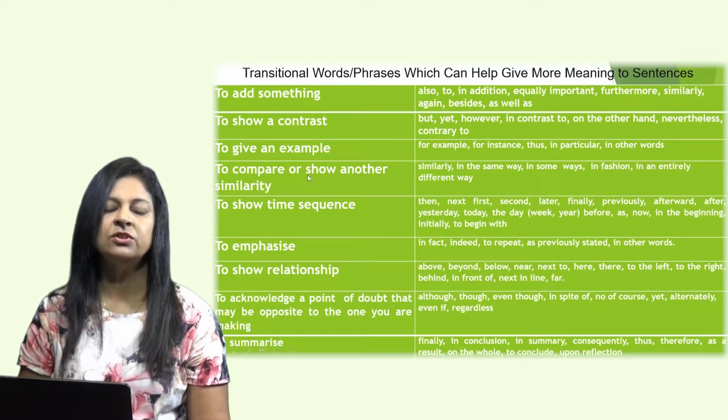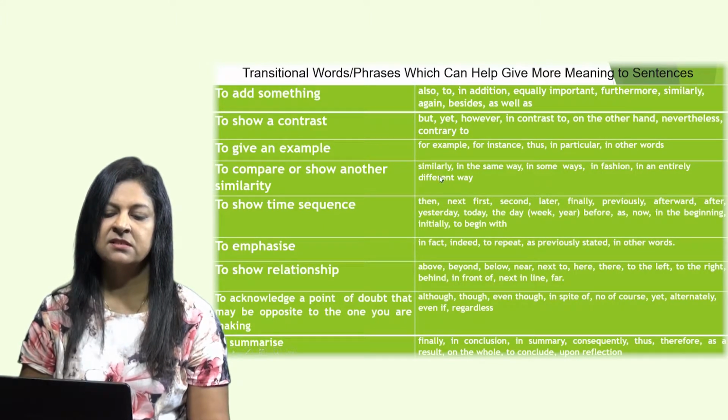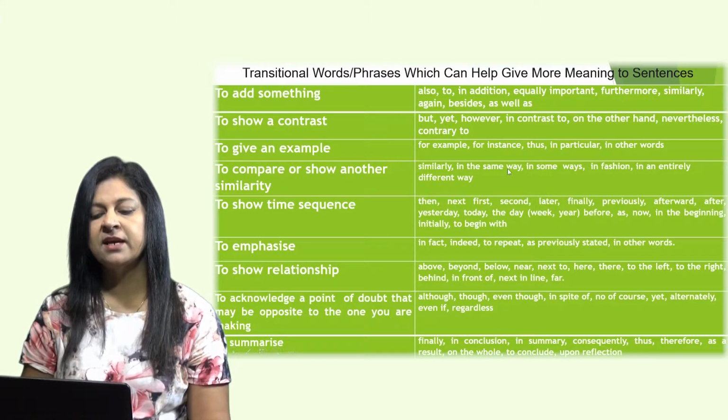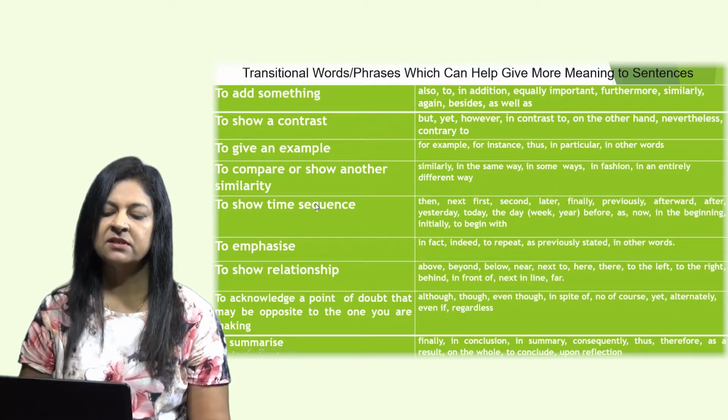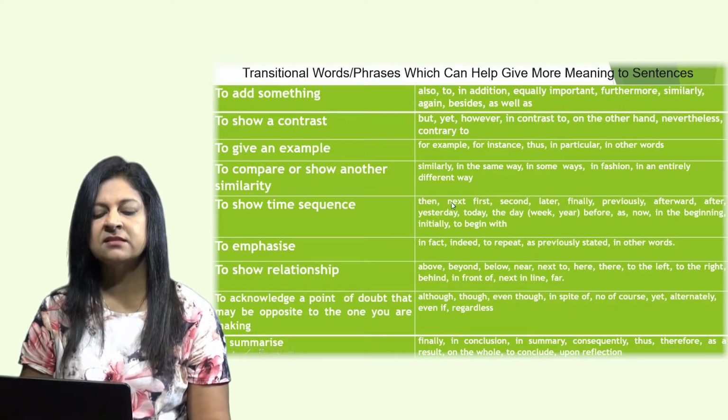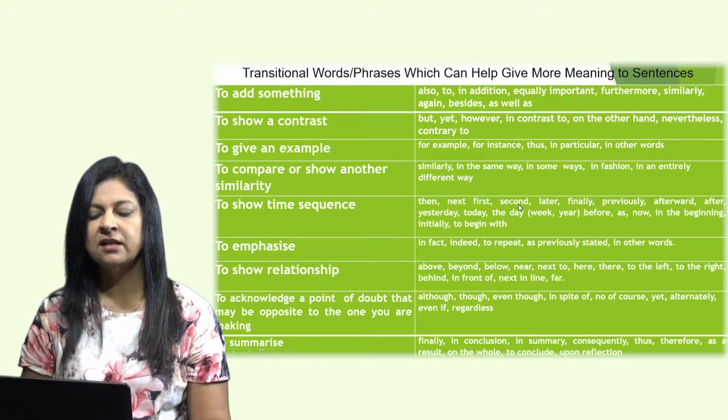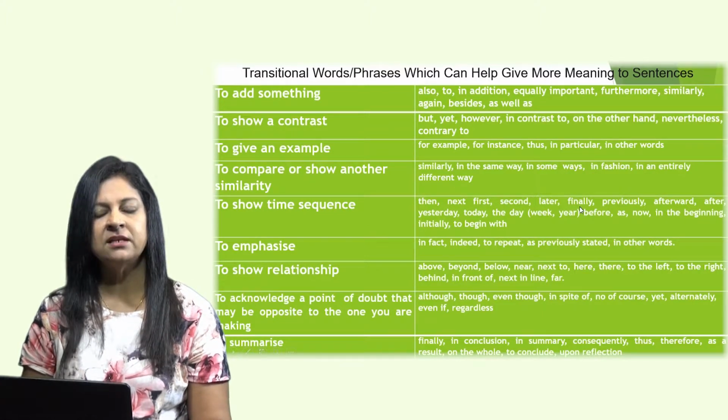To compare or show similarity: similarly, in the same way, in some ways, in like fashion, in an entirely different way. To show time sequence: then, next, first, second, later, finally.